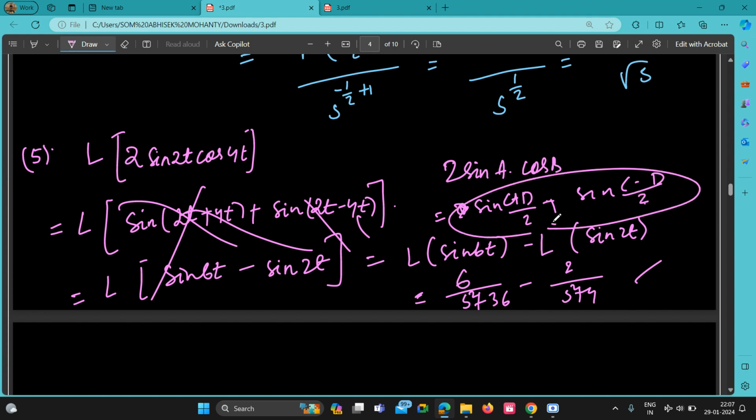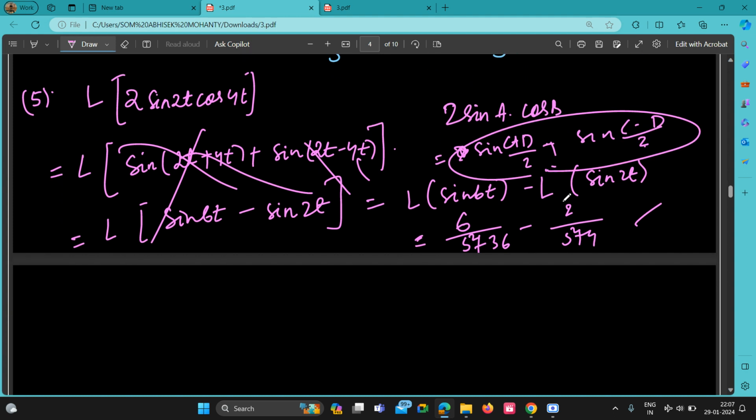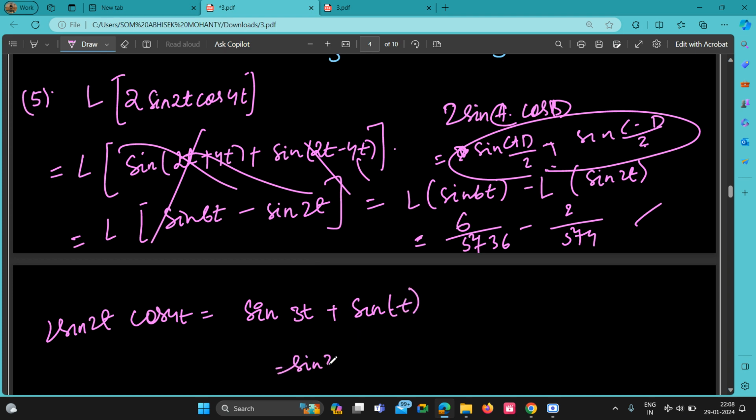So 2 sin 2t cos 4t will be sin 3t, that is (c plus d) by 2, plus sin of minus t, that is (c minus d) by 2. So sin 3t minus sin t.